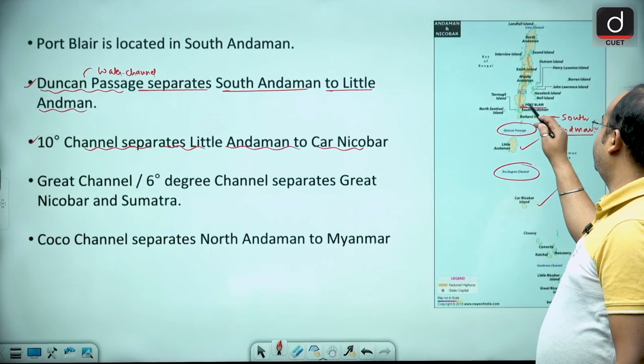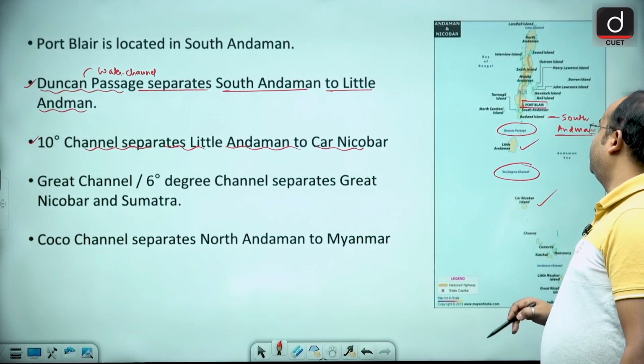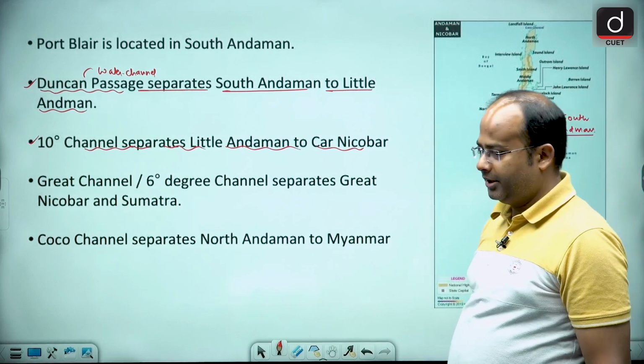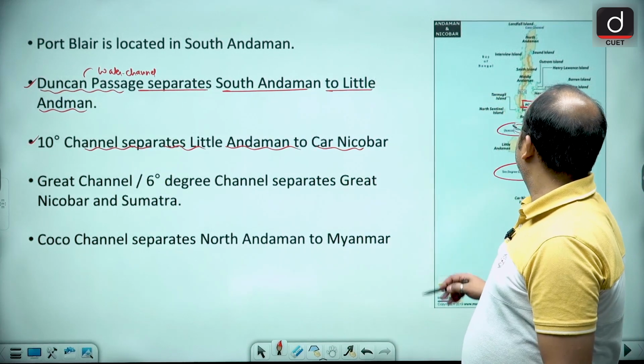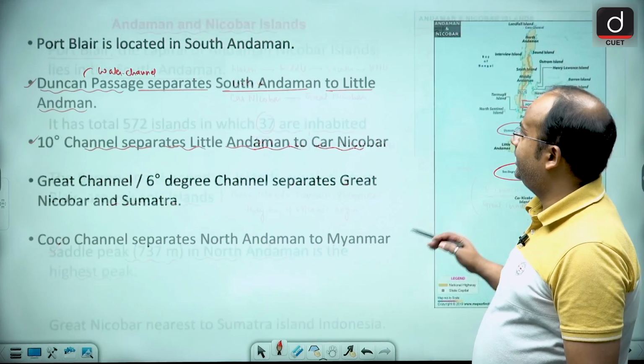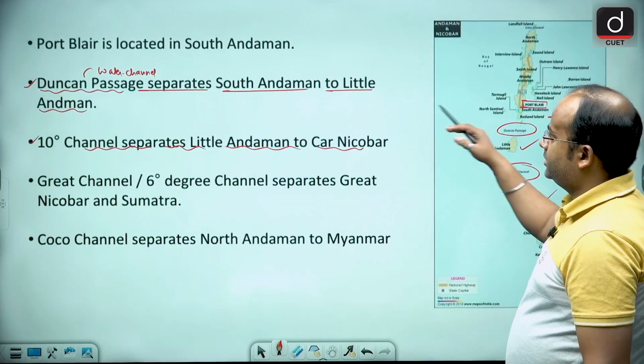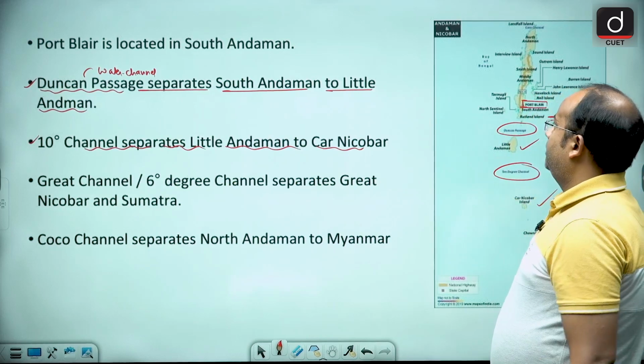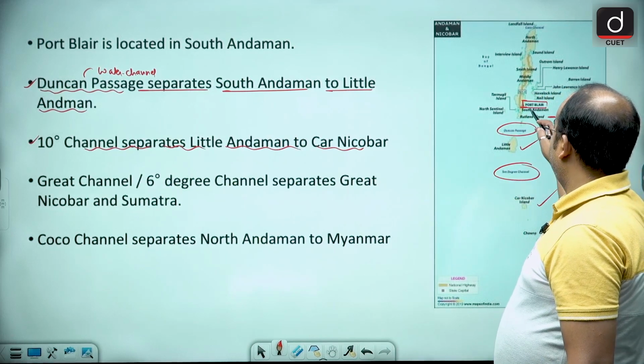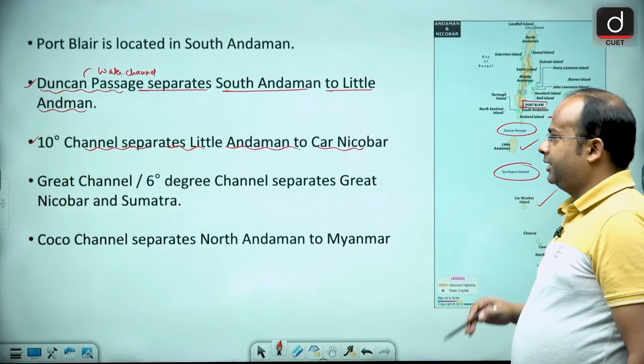And Port Blair, guys, is in South Andaman. So the Deccan Passage lies between South Andaman and Little Andaman.